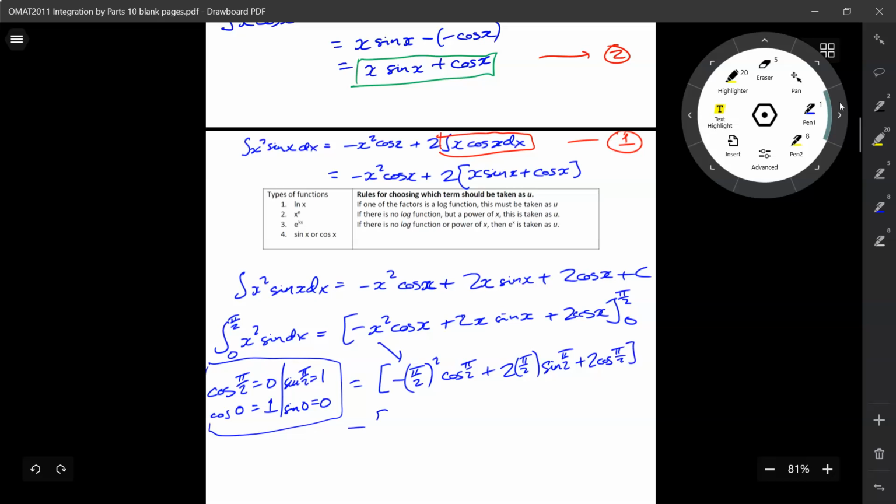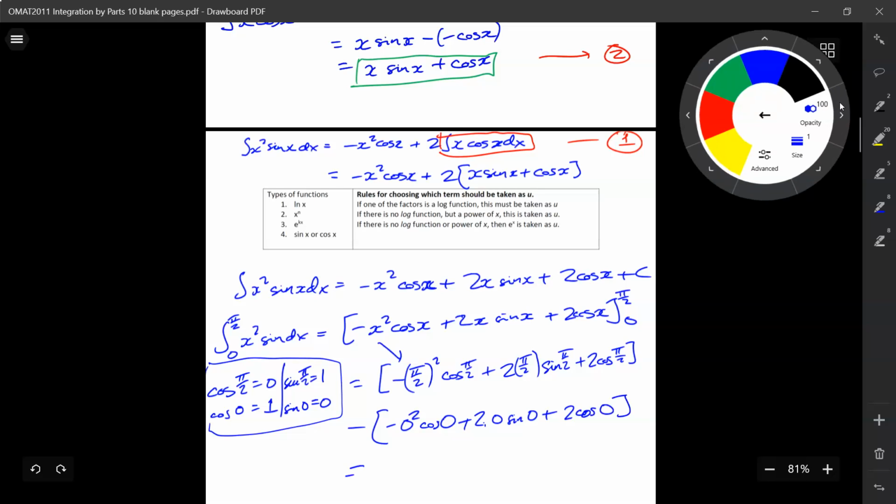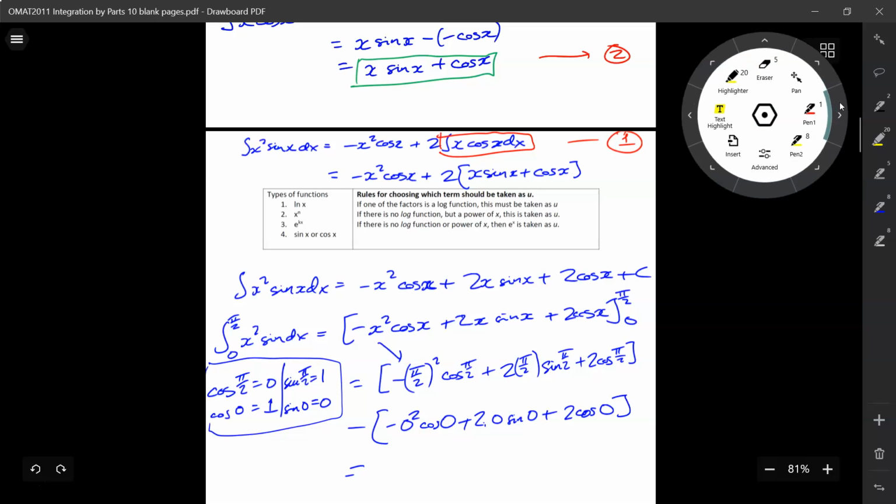And then this is minus, and once again, now it's 0, so we're plugging in 0, so it's minus 0 squared cosine of 0, plus 2 times 0 times the sine of 0, plus 2 times the cosine of 0.